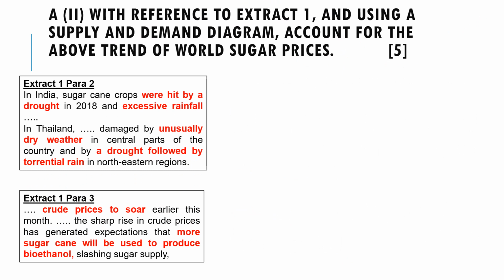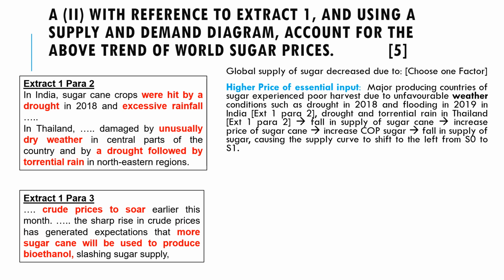Next, let us look at the supply side factors that could have accounted for the higher price of sugar worldwide. The first factor that we can consider is given in extract 1, paragraph 2. Here we can see that the price of sugarcane, which is an essential factor of production used in the production of sugar, has gone up due to poor weather conditions.